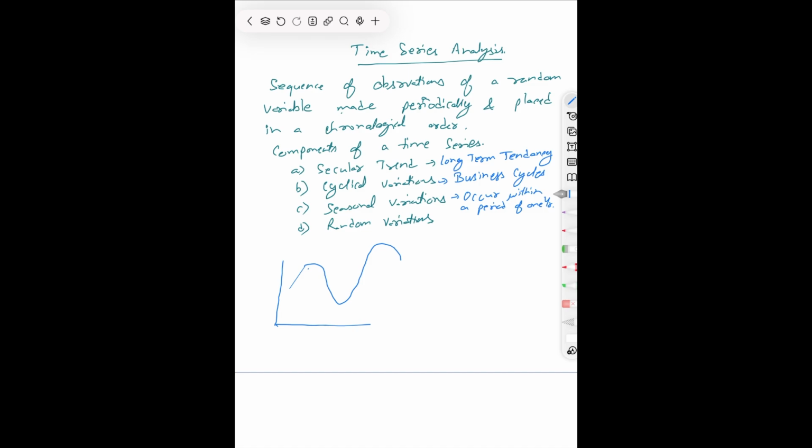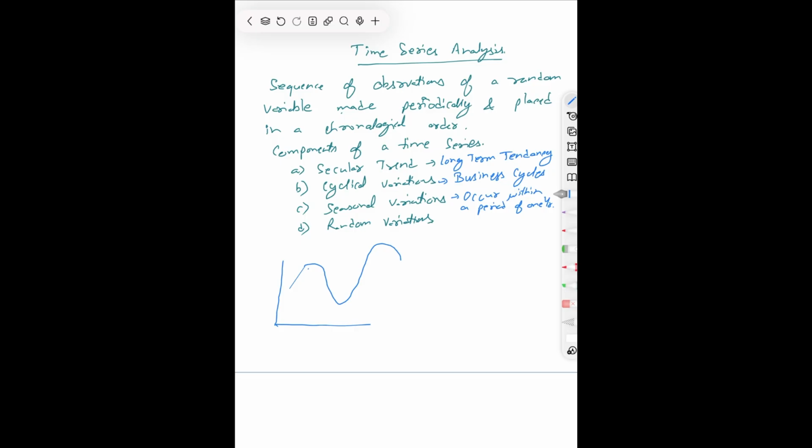Even festivals like Diwali, Eid, Christmas cause the number of sale items to rise, especially the gift items. So these variations occur within 1 year.